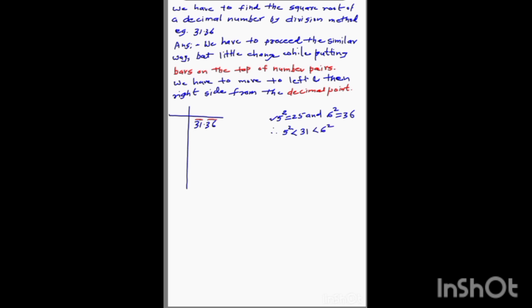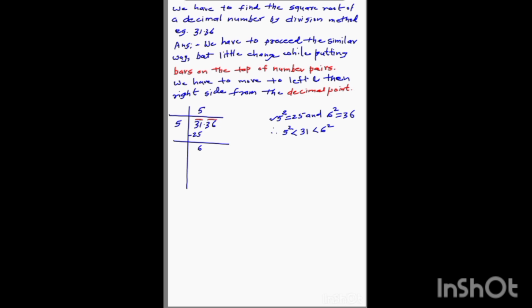So we take 5 and 5, the main problem, and 25. 5 fives are 25. Subtract this 25 from 31, you get 6. Bring the whole block down, 36, the whole pair.